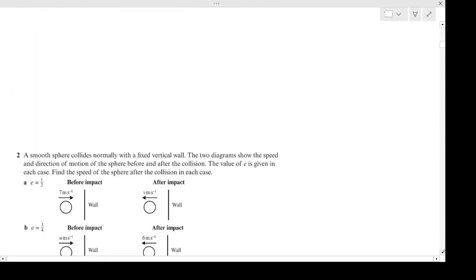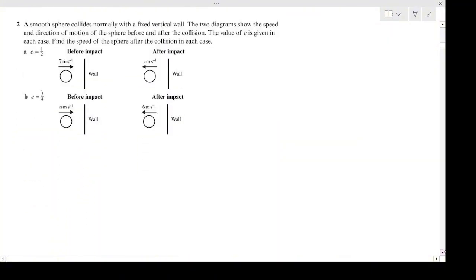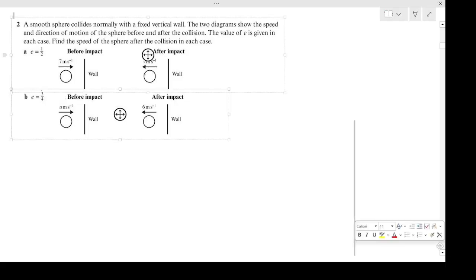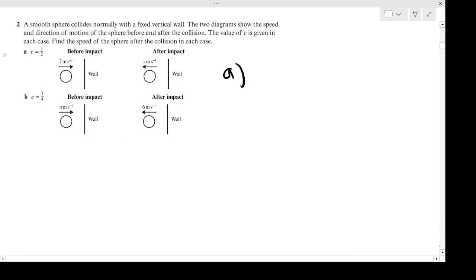So now we've got these examples, and now it's very similar, but we need to work in reverse because we're given e and we need to work out the speeds in these two cases. If I have a look at part A, again, before the collision it has speed 7, then afterwards it has speed v.